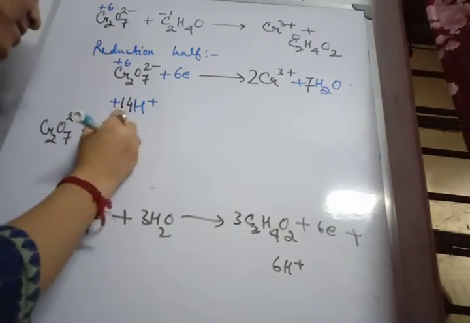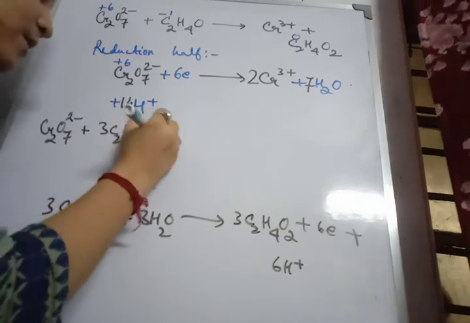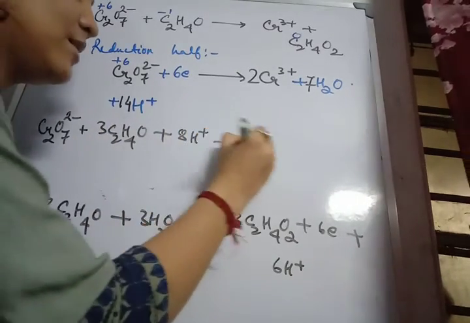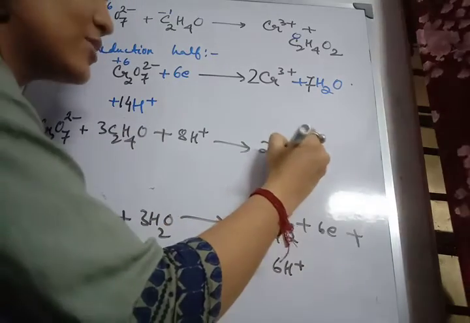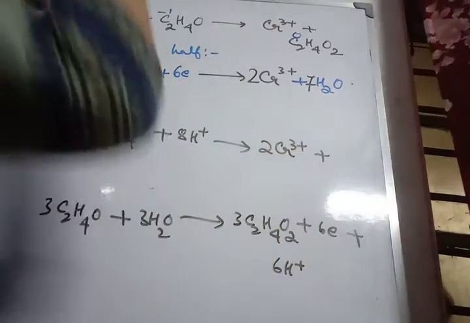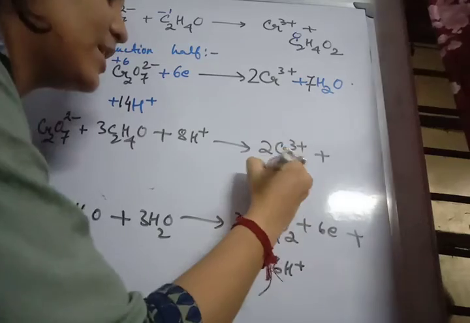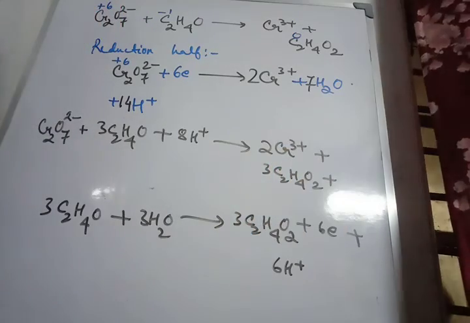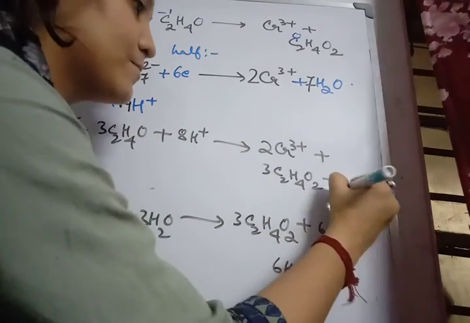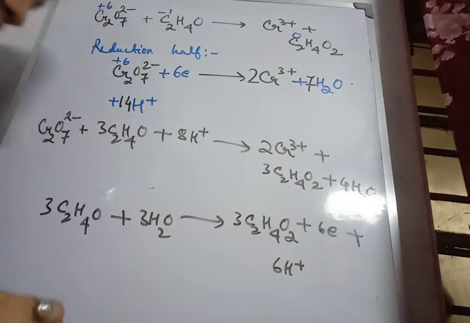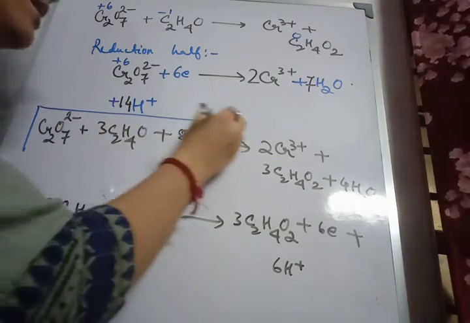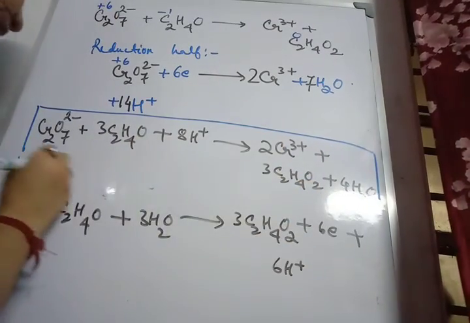Dichromate plus 3C2H4O plus 8H+, arrow 2Cr3+ plus 3C2H4O2 plus 4H2O. This is the overall balanced equation obtained by combining the two balanced half reactions.